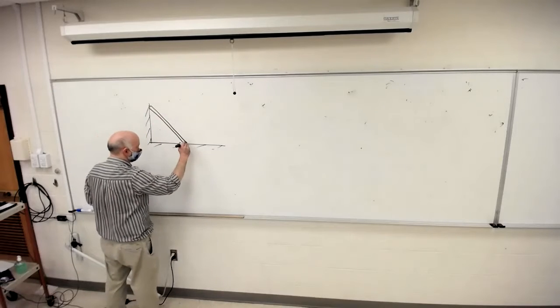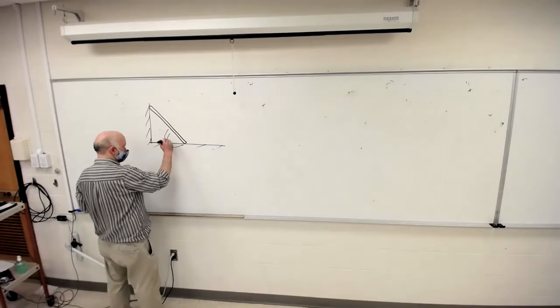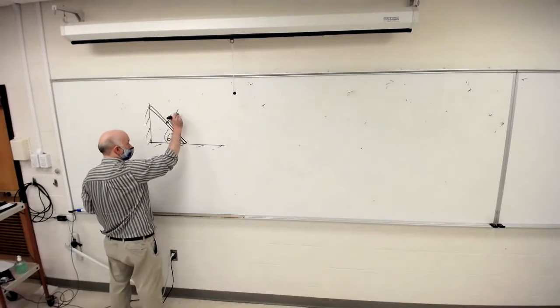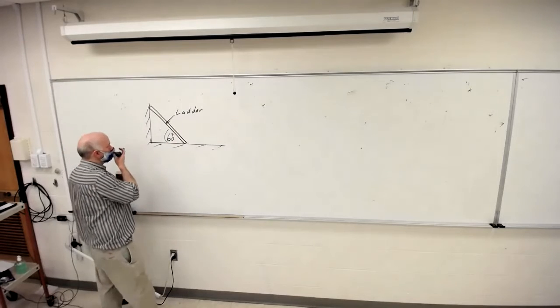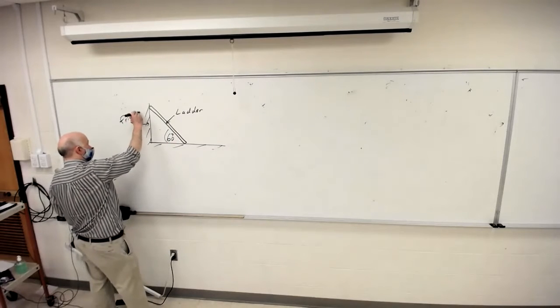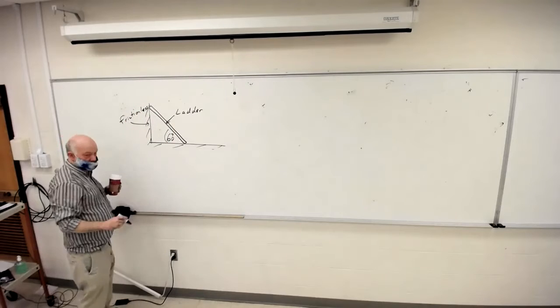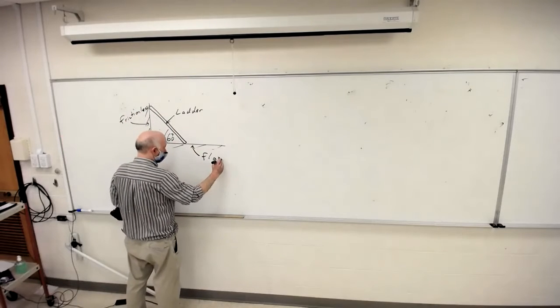Okay, so let's say this is 60 degrees. This is a ladder. The wall is going to be frictionless, and the floor will not be, so the floor has friction.